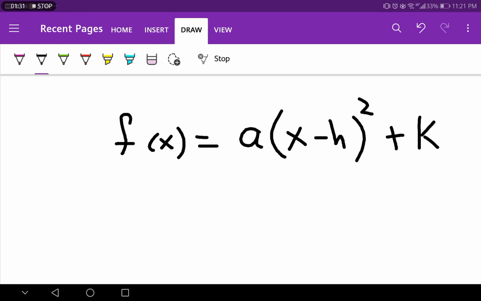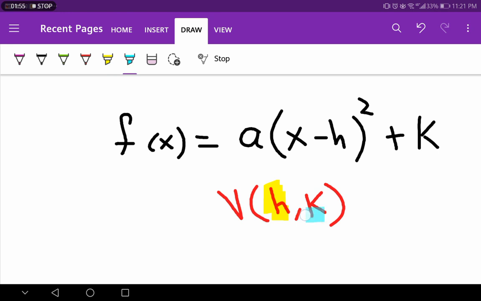Now, h and k is the vertex for the graph. So the vertex for the graph is h and k. And you have to know h represents how many steps to the right or to the left the parent graph will move.